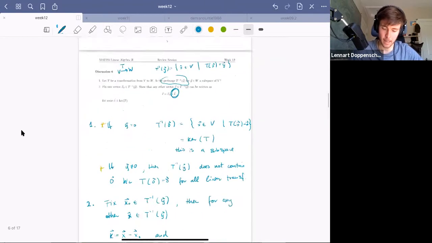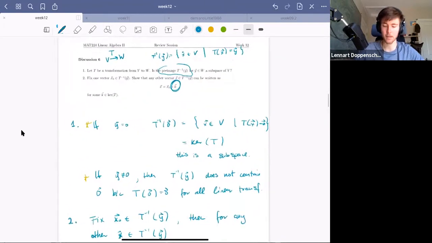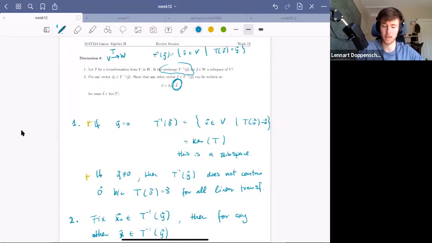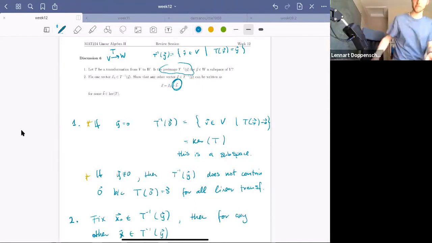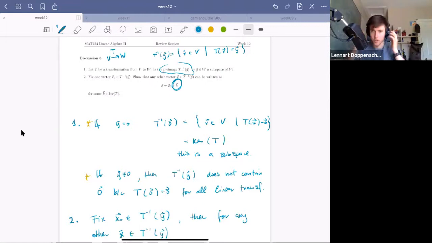Now, why exactly did I phrase it like this? Or why does the book phrase it like this? I forgot. One second. So the book actually talks about this somewhere.